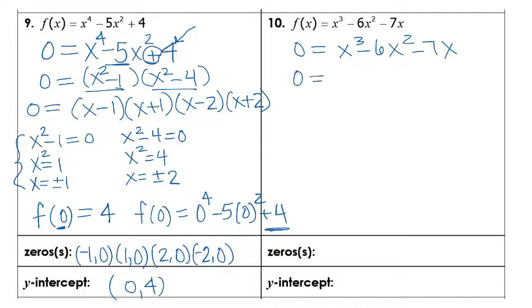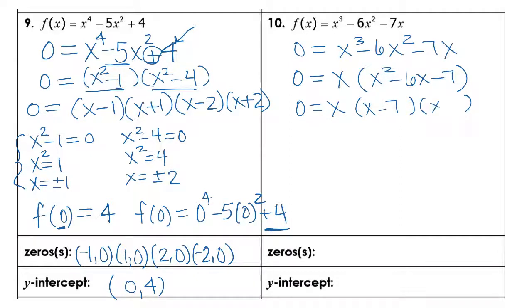GCF. So then that leaves me with x squared minus 6x minus 7. Is that okay? Okay, what about inside the parentheses? We're going to have to factor that. 7 and what? Positive 1.